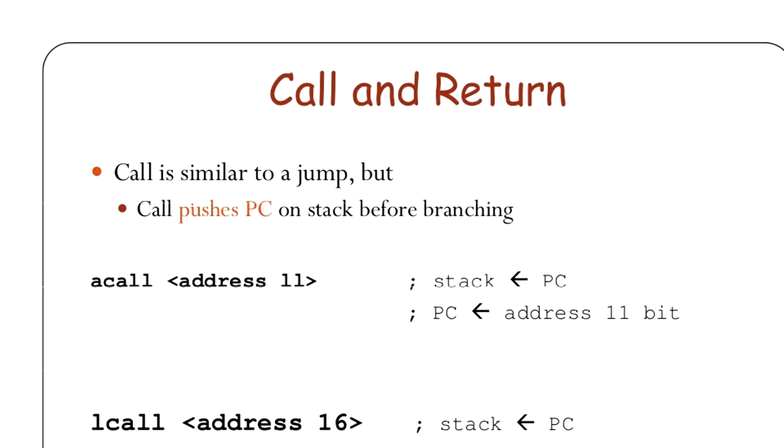So in an assembly program we can call the subroutine, like how our program counter jumps to a particular location and executes that instruction. Here the only difference is that once the program counter has fetched that ACALL instruction, the specified location should be a near address, that holds an 11-bit address.